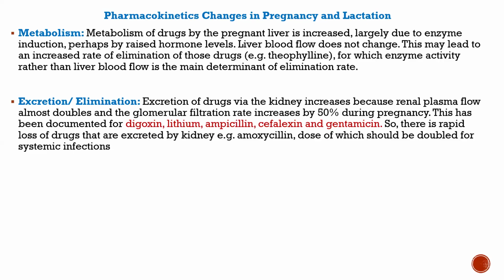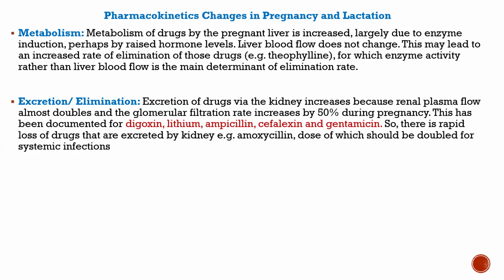So metabolism is increased. Liver blood flow does not change, and this may lead to an increased rate of elimination of these drugs, for which enzyme activity rather than liver blood flow is the main determinant of elimination rate. Because of increased enzyme activity, there will be increased rates of elimination of drugs. An example is theophylline. So that's just about metabolism.